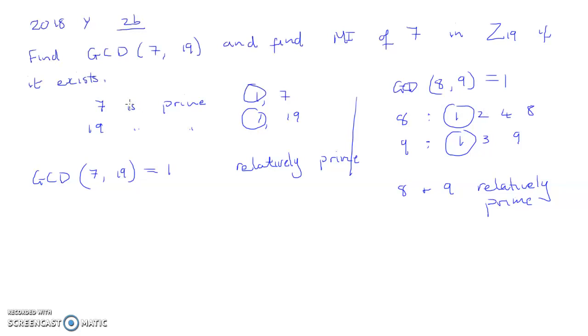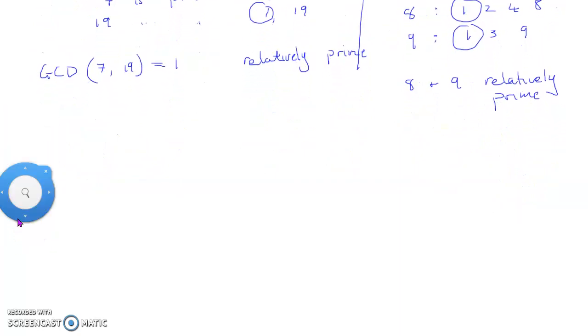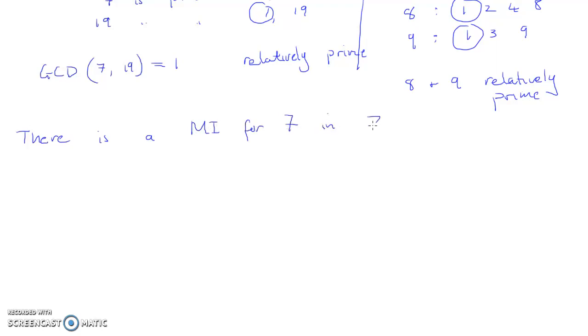Now, getting back to the question, the greatest common divisor of 7 and 19 is 1. When numbers are relatively prime, then there does exist a multiplicative inverse. So there is a multiplicative inverse for 7 in Z19, because they are relatively prime, i.e. their greatest common divisor is 1.